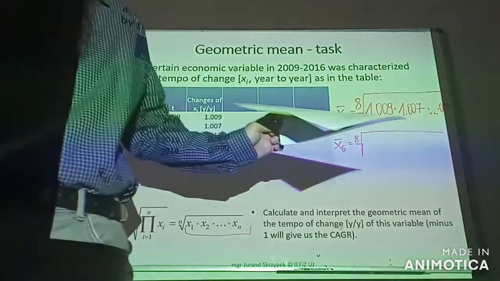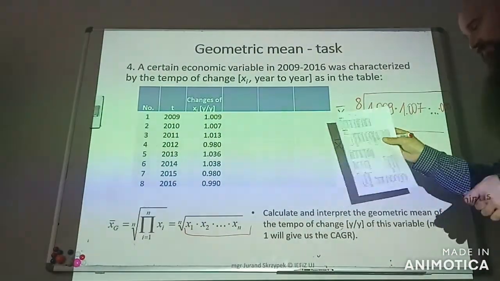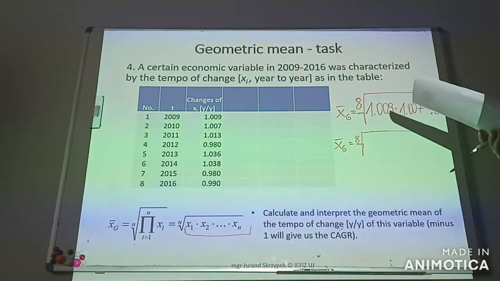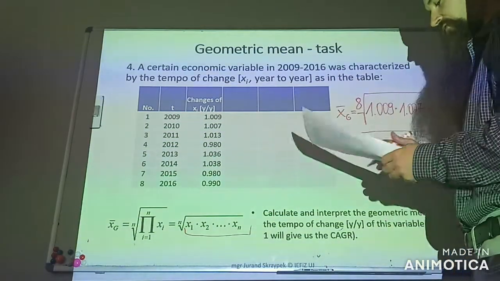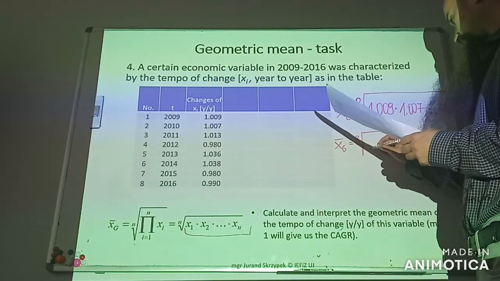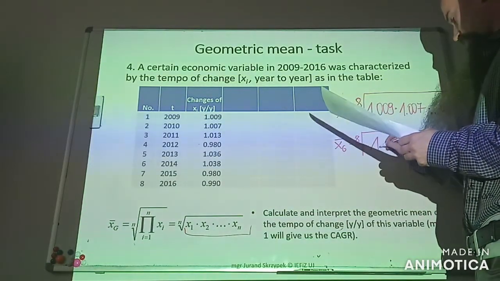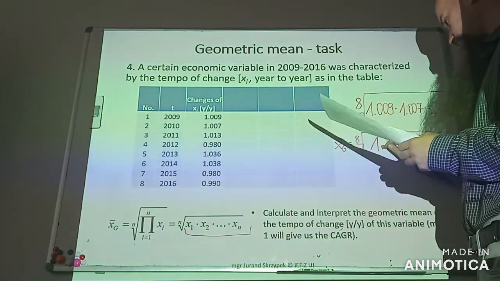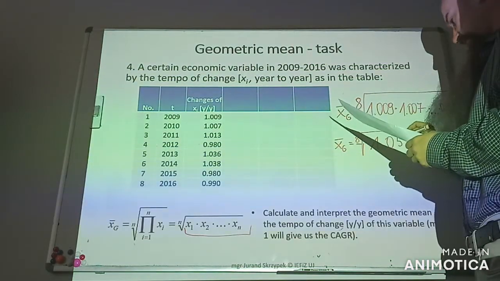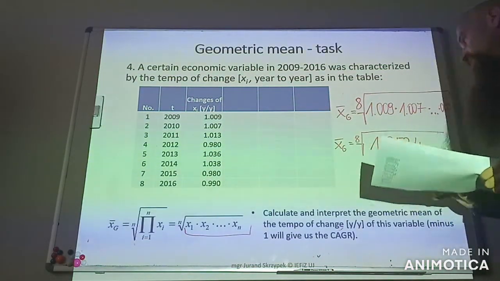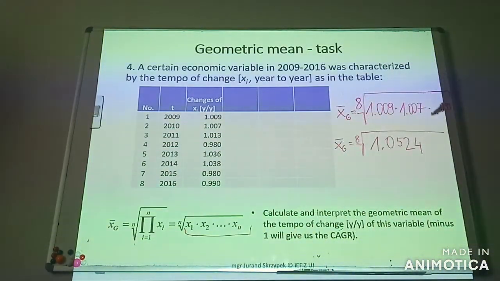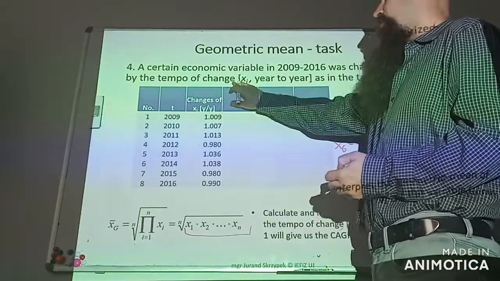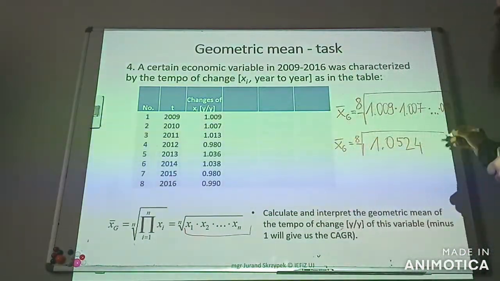And here I have the partial results, and the product of all values equals 1.0524. Yes, this is the product of all values of the considered economic variable, the tempo of change of the economic variable.